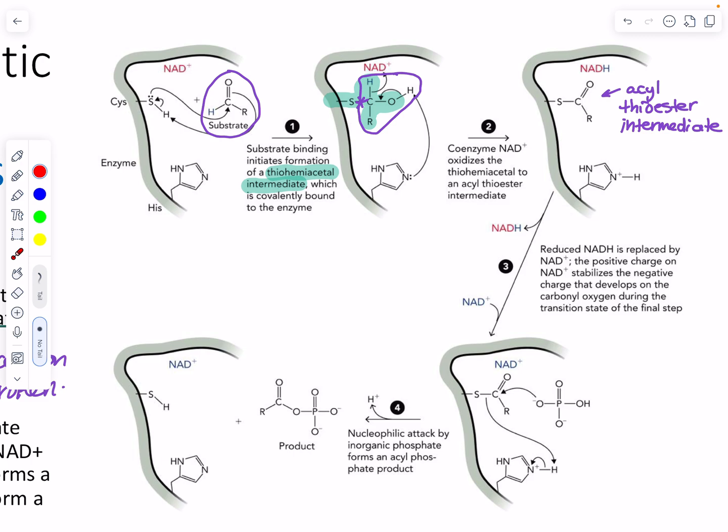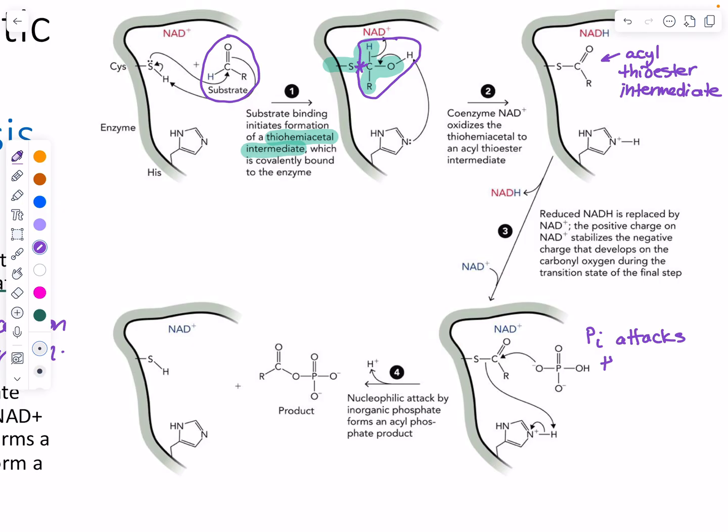So the final step of the reaction is going to involve inorganic phosphate attacking. So the inorganic phosphate, which we always abbreviate P sub I, is going to attack the enzyme-bound intermediate, and that's going to cause cleavage of the bond between the enzyme and the substrate.